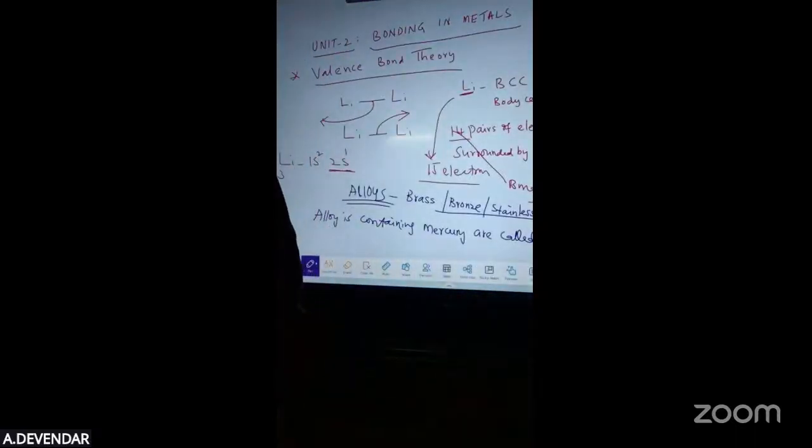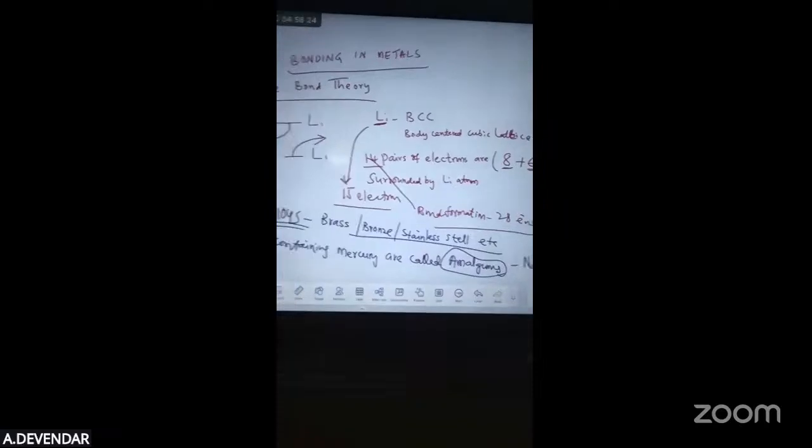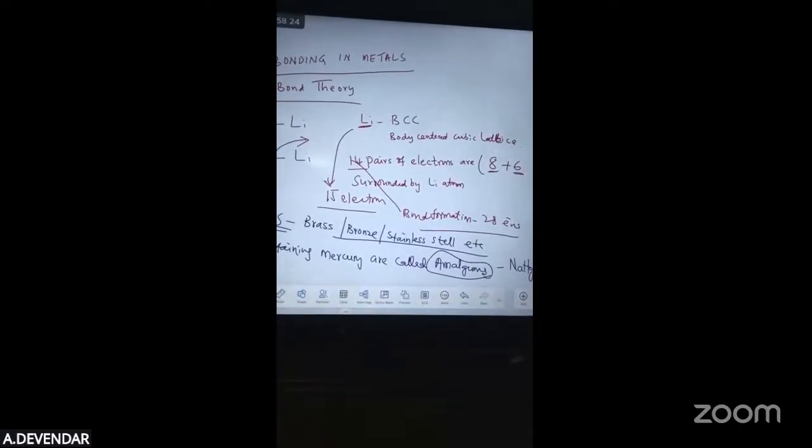See, this is amalgam. So sodium amalgam, NaHg for example, potassium amalgam, so many are there. So these are alloys. An alloy is a mixture of two or more different elements forming a homogeneous mixture.